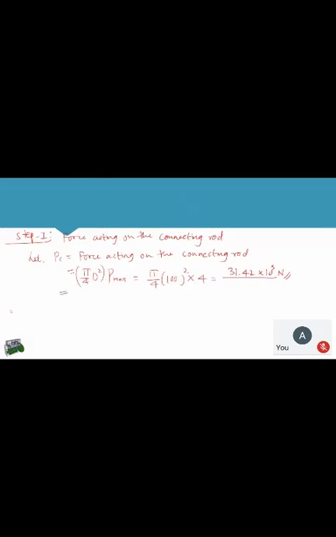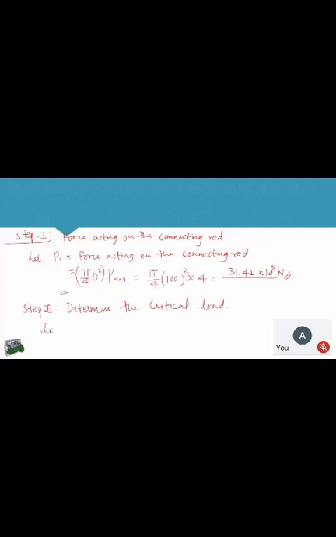After finding that, what is step number 2? Determine the critical load.